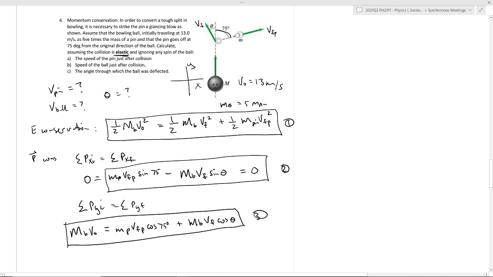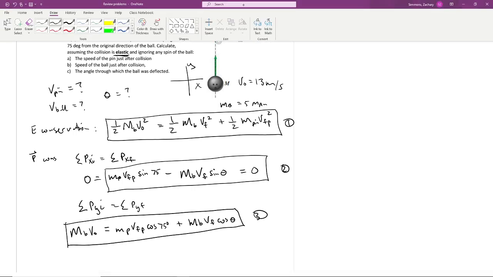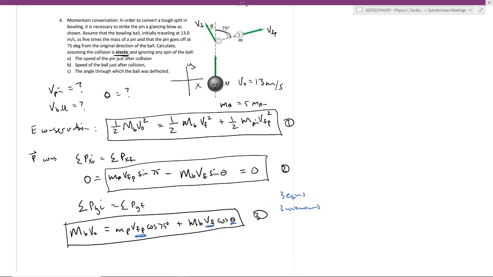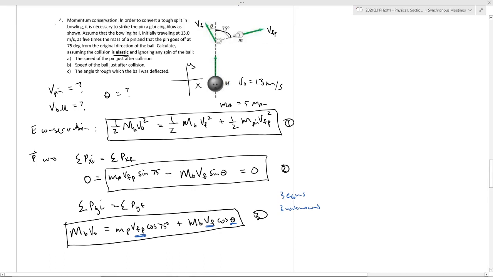So notice we have 3 equations and 3 unknowns. We don't know theta, we don't know the final velocity of the ball, and we don't know the final velocity of the pin. 3 equations, 3 unknowns, rather complicated. How to approach this? There are a lot of different ways you could. We basically need to eliminate some stuff so that we can solve for these parts.